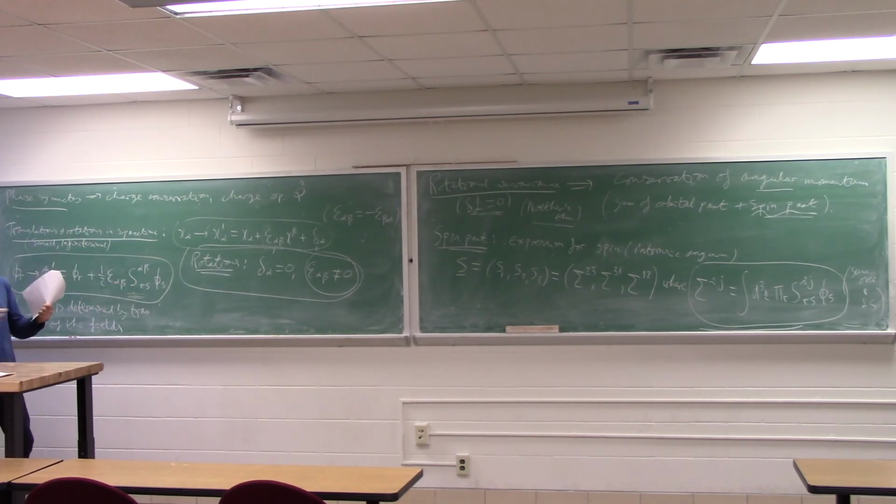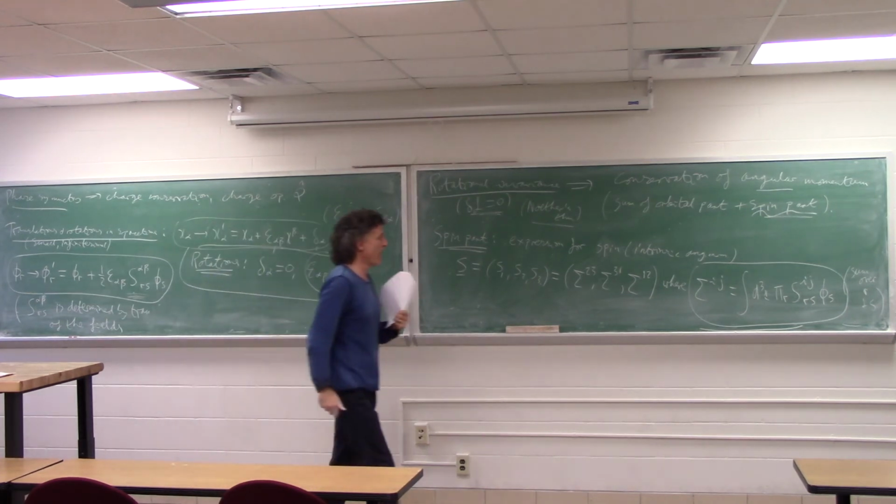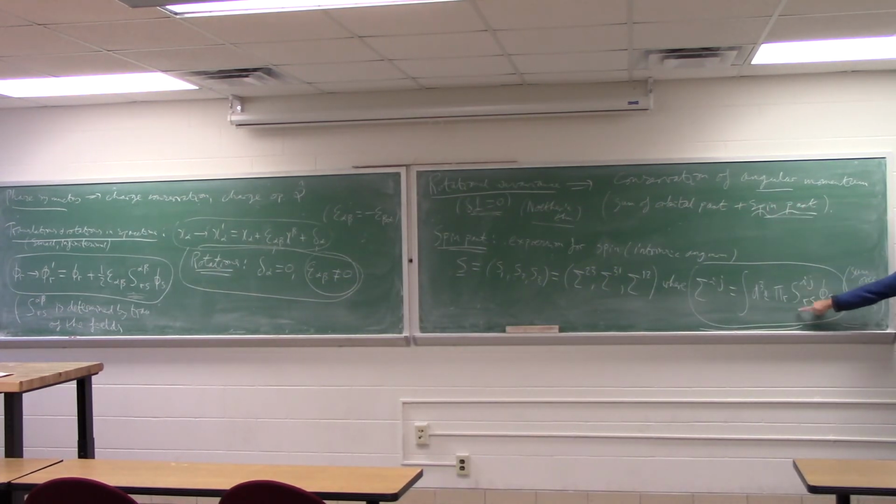For the Dirac field, they're going to have a different form. If I want to know the intrinsic spin angular momentum for that field, it takes this form, where of course to work it out you need to know what these actual numbers are.